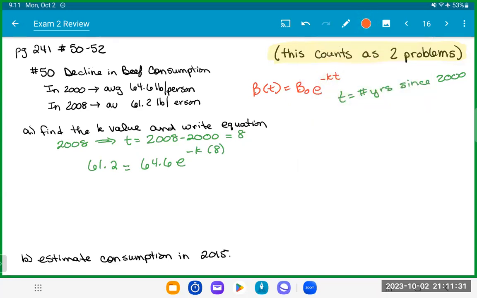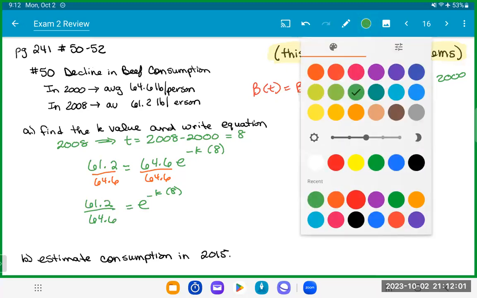I need to divide both sides by 64.6 because ultimately we're trying to get e to whatever exponent by itself, so we could take the ln of both sides. So this is going to be 61.2 divided by 64.6 is equal to e to the negative k times 8. So now I can take the ln of both sides.